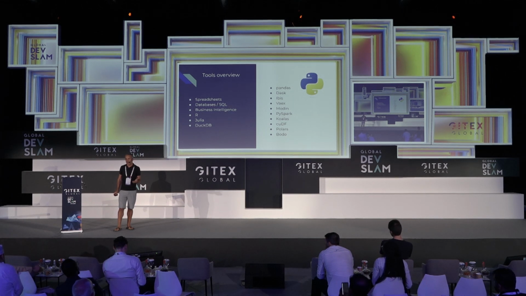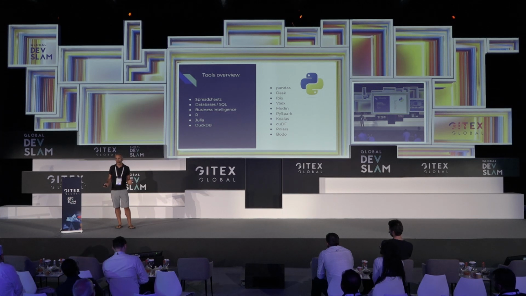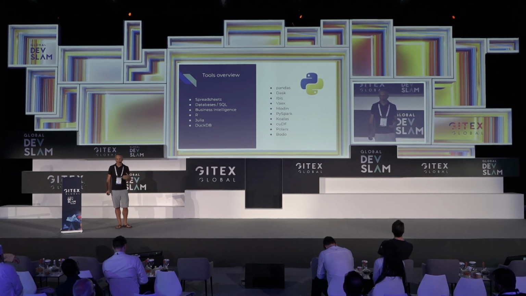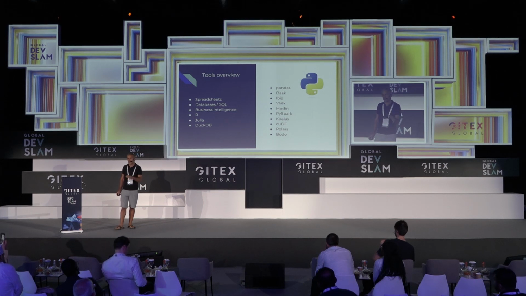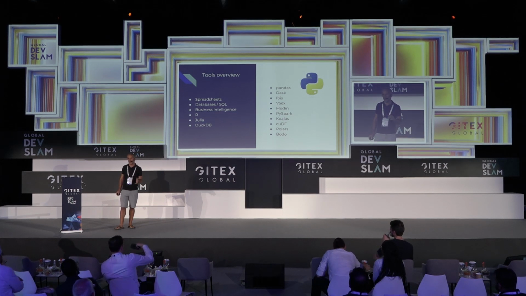I think it's a pretty reasonable choice if your data is on the order of 100 rows. You have databases. There are a lot of things in data analysis that you can do on databases. You have business intelligence systems. You have other programming languages kind of equivalent to Python, like R or Julia. You have new tools like DuckDB.